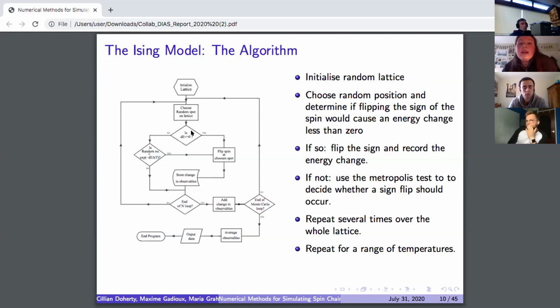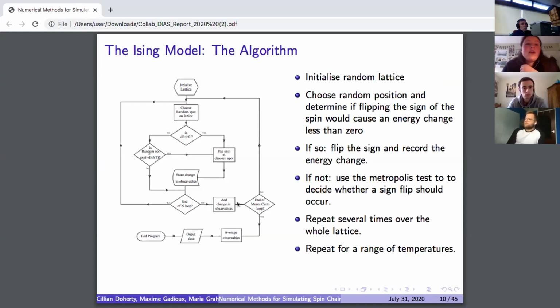And then if this is the case, you change the sign and then record this energy change. But if that's not the case, we use the Metropolis test again to decide whether or not to flip the sign. So if the requirement is met, we change it. If not, we discard it and repeat it again at a different random location.